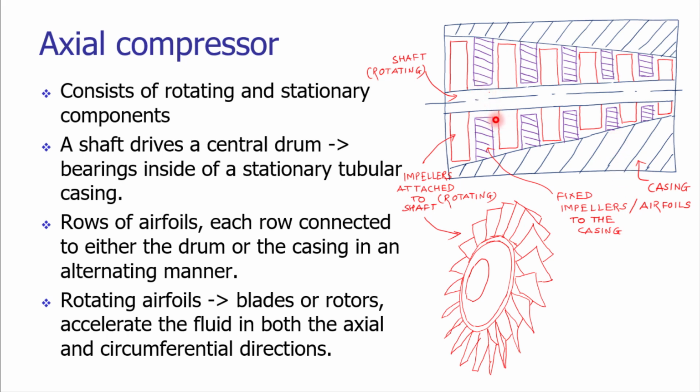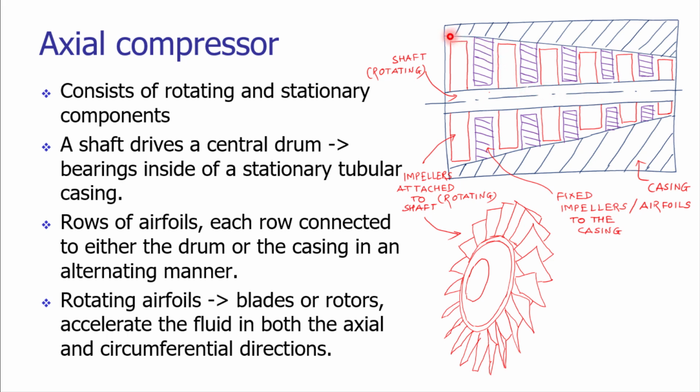As the shaft is rotating, the airfoils are also rotating. This is a typical shape of the airfoils on the shaft. The blades or the rotors accelerate the fluid which is coming inside, both in the circumferential direction as well as in the axial direction.